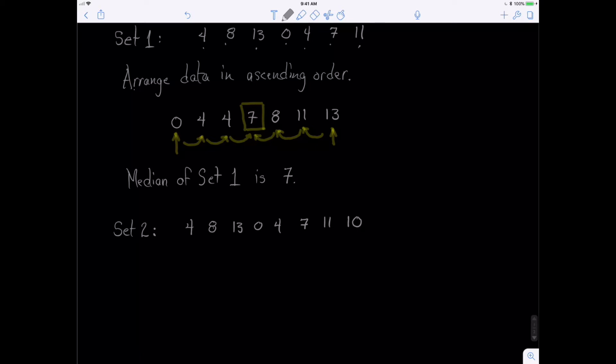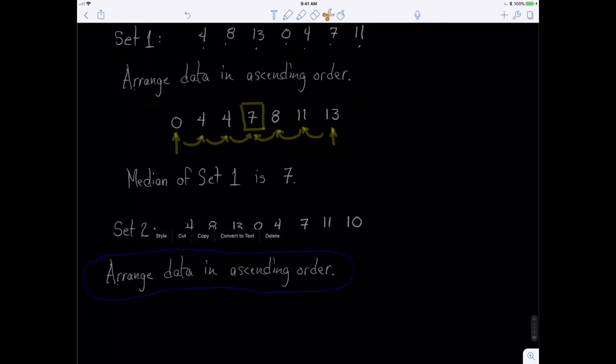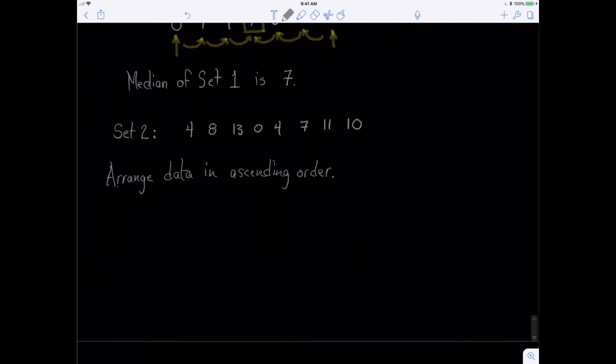So I'm going to just copy that, because we need to do the exact same thing. Instead of me rewriting all that, we'll copy it and paste it right about there. Now we are going to arrange the data in ascending order.